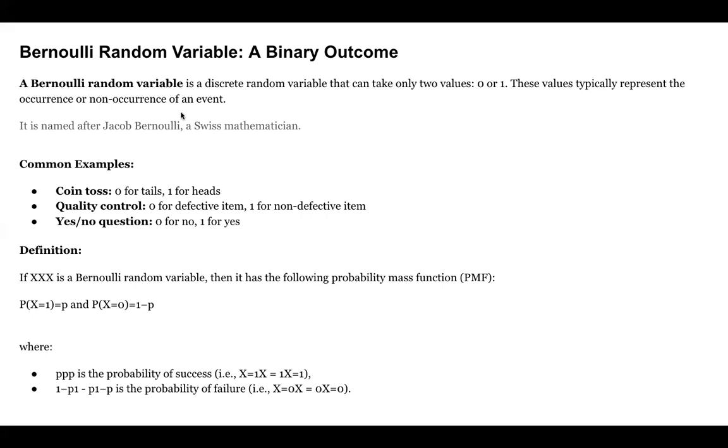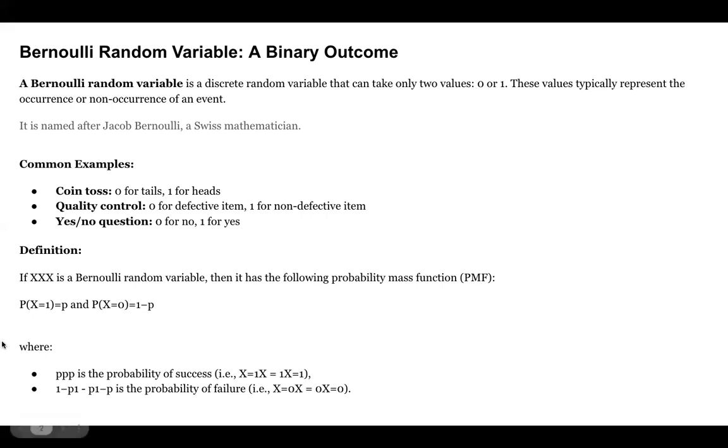So this is what the Bernoulli random variable is, a variable which can at random take either 0 or 1 value. It is named after Jacob Bernoulli, a Swiss mathematician. So if x is a Bernoulli random variable, then how do we compute its probability mass function?